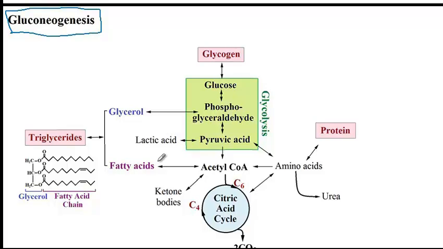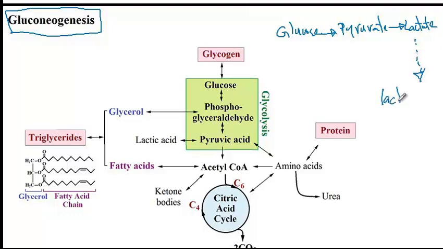Now regarding the lactic acid, I'd like to mention that glucose in the muscle will be converted into pyruvate, which will be converted into lactate inside the muscle. This lactate, through the bloodstream, will get transferred to the liver.